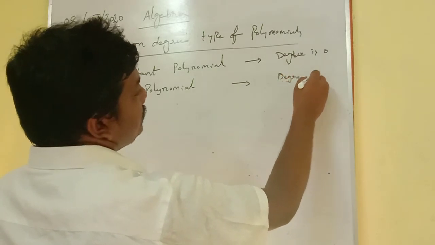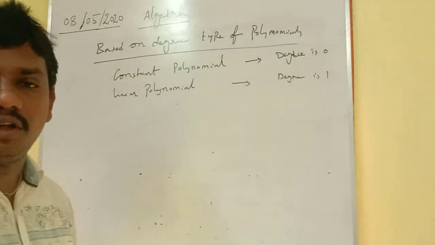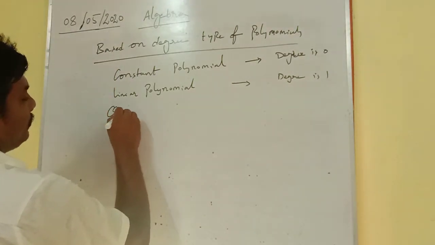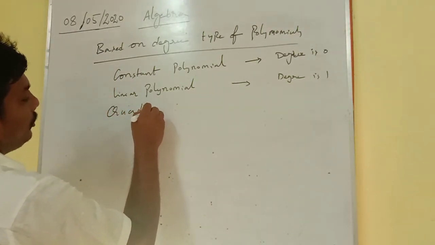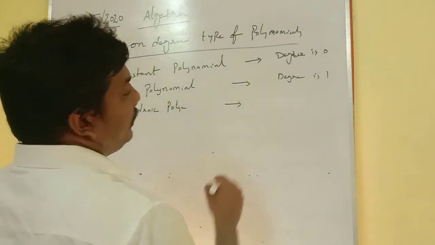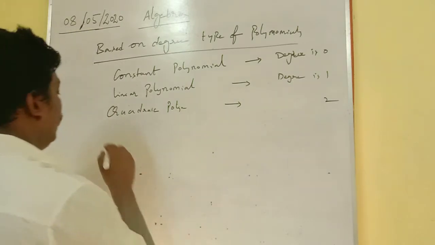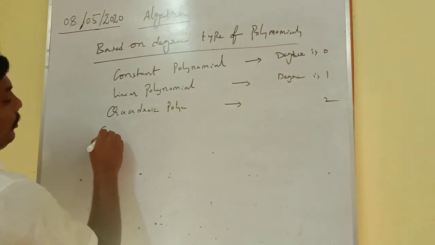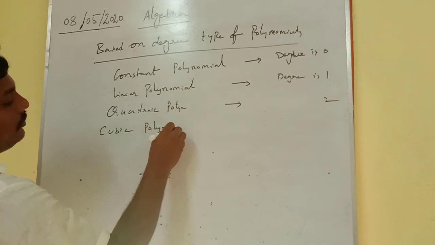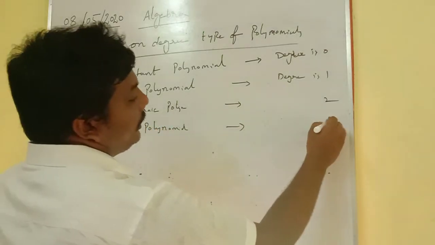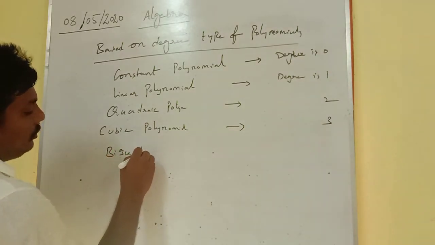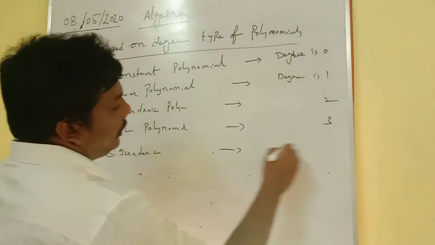Linear polynomial, whose degree is 1. Then coming to quadratic polynomial, that is degree 2. Next, cubic polynomial, so degree is 3. Next, biquadratic polynomial, degree 4.